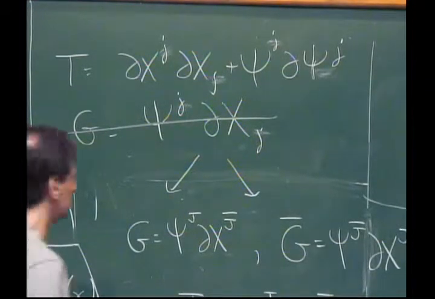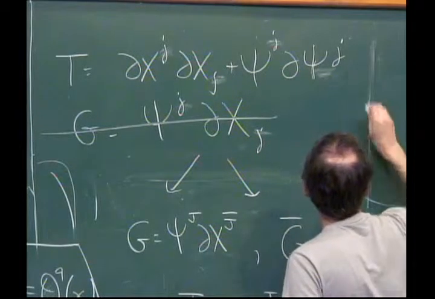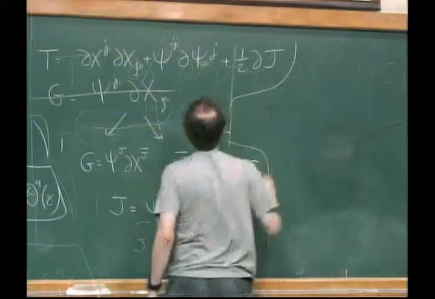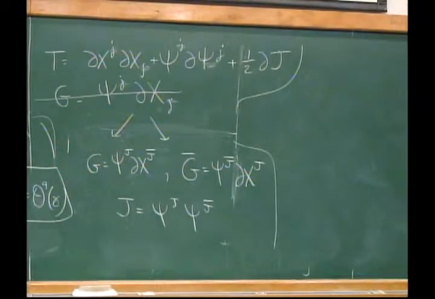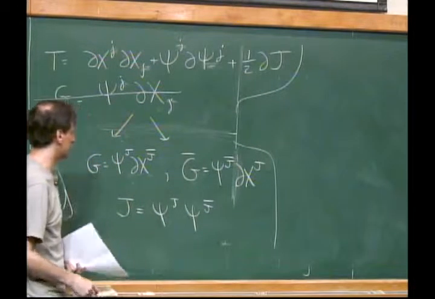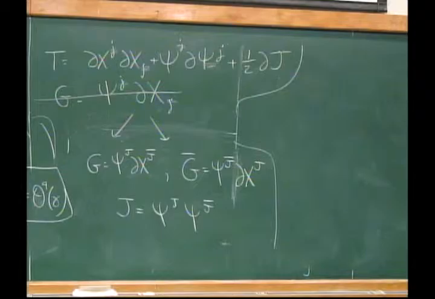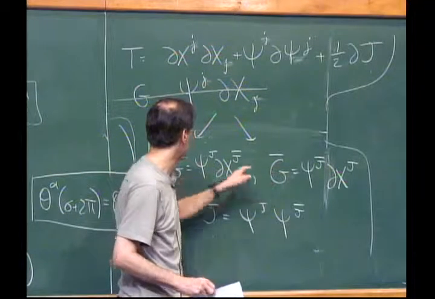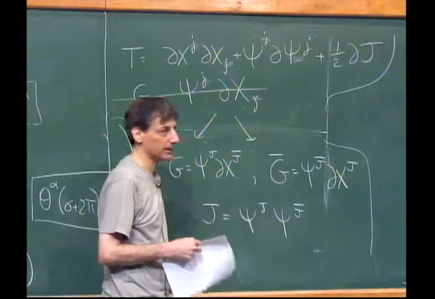But now we can twist by adding the following term to T. So this still forms an N=2 algebra, but this turns out to shift the central charge to give you central charge 0. And of course, it shifts G and G bar, so that instead of having spin 3/2, G now has spin 1 and G bar has spin 2.